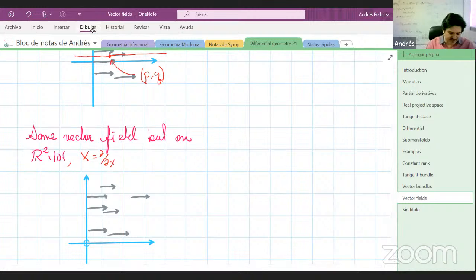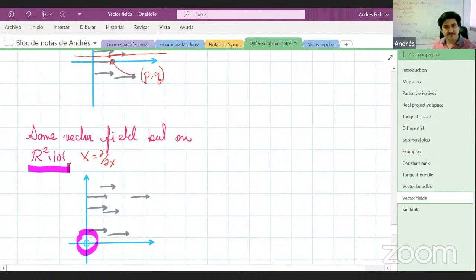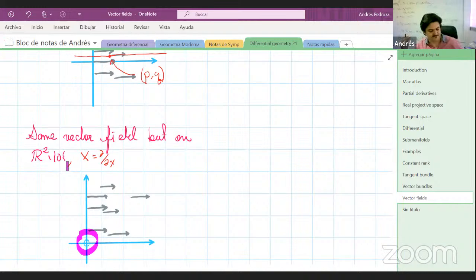The only difference is that we don't have that point. The origin is missing from my manifold. And again, the problem is the same. Find an integral curve for that vector field on that manifold.